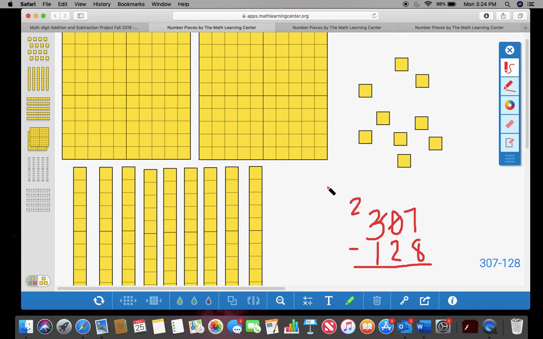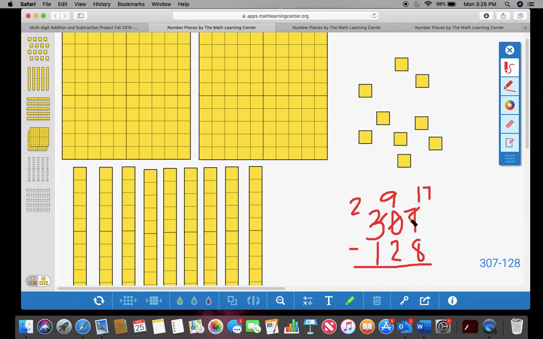We decomposed the flat into 10 rods, which made that a 10, but now it's a 9 because we decomposed a rod and gave 1 away to the 7. So we'll make this a 17.